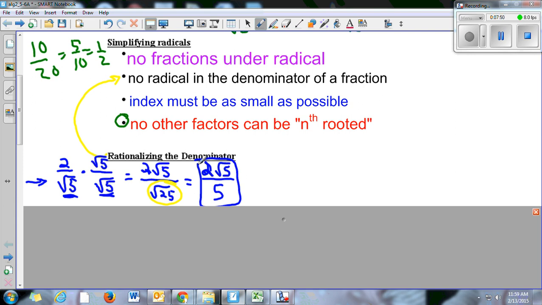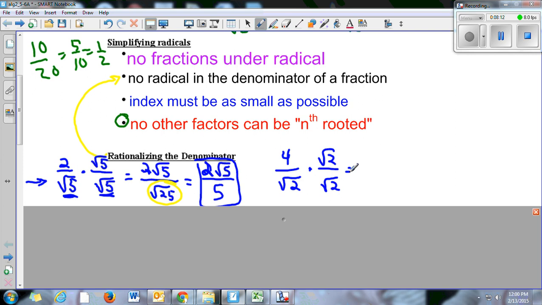We've got 4 divided by the square root of 2. So again, square root in my denominator, I don't like that. So I'm going to multiply by whatever's in that denominator, the square root of 2 over the square root of 2.